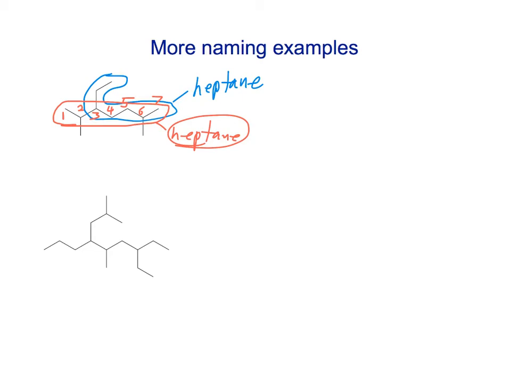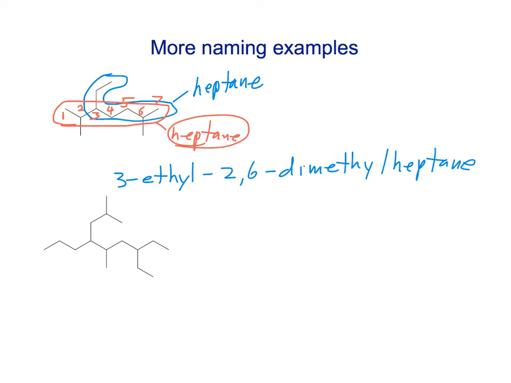Okay, so what do we have? We have 3-ethyl, 2,6-dimethyl heptane.